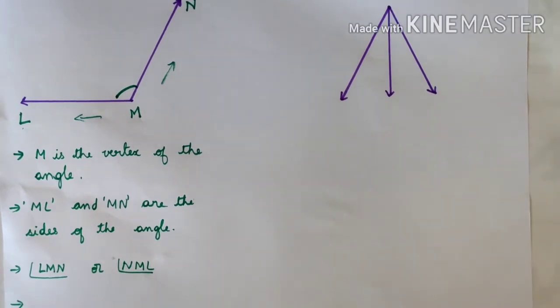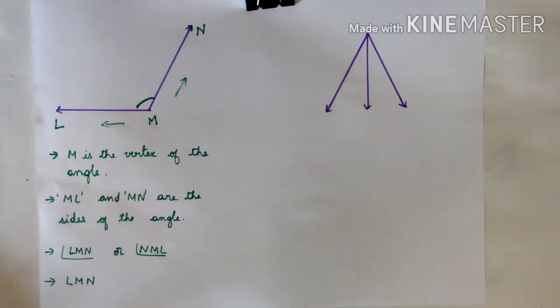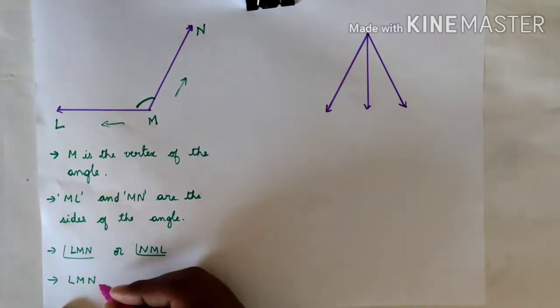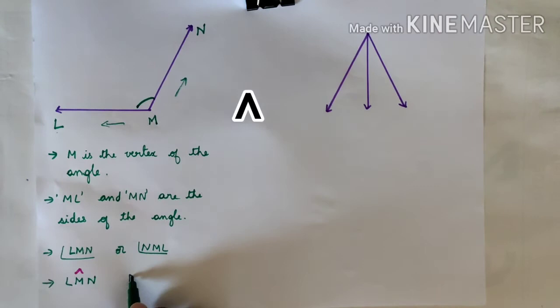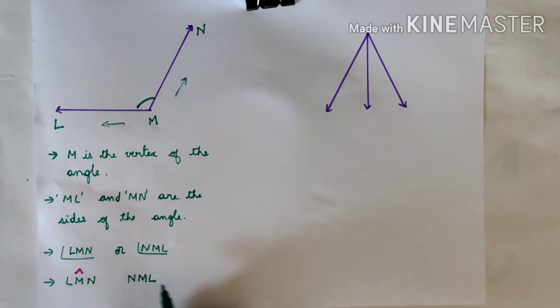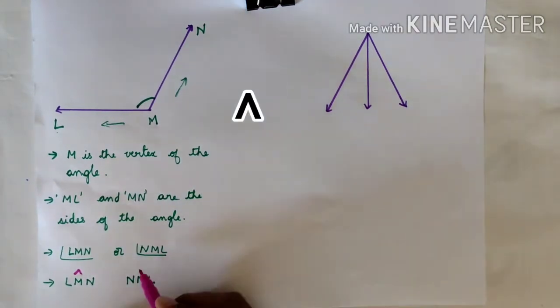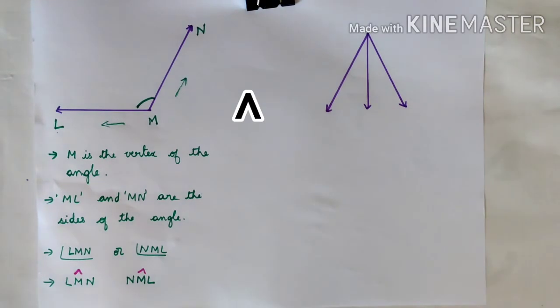So how to write the angles using the other symbol? Write LMN and then denote it using the angle symbol above M. Same way, write NML and then denote it using this angle symbol.